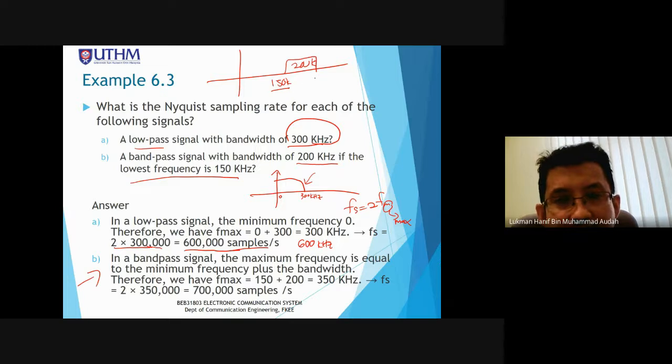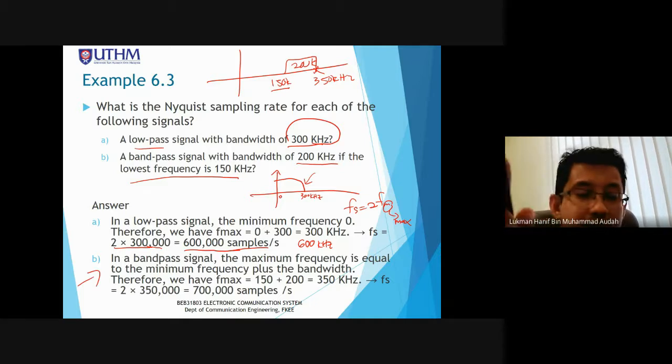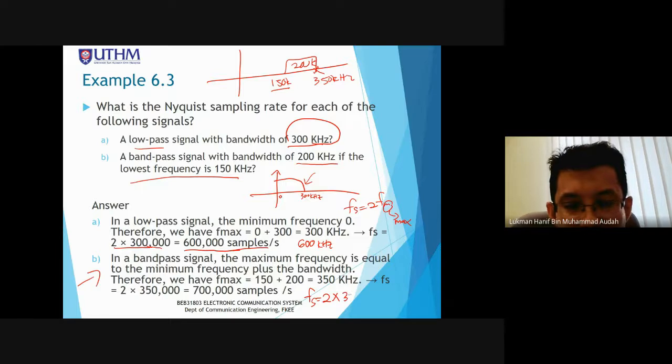That means di sini adalah 150 tambahkan dengan 200, so ia akan dapat 350 kHz pada maximum frequency. So bermakna nilai sampling rate mestilah 2 times the highest FM, which is 2 times 350 kHz.